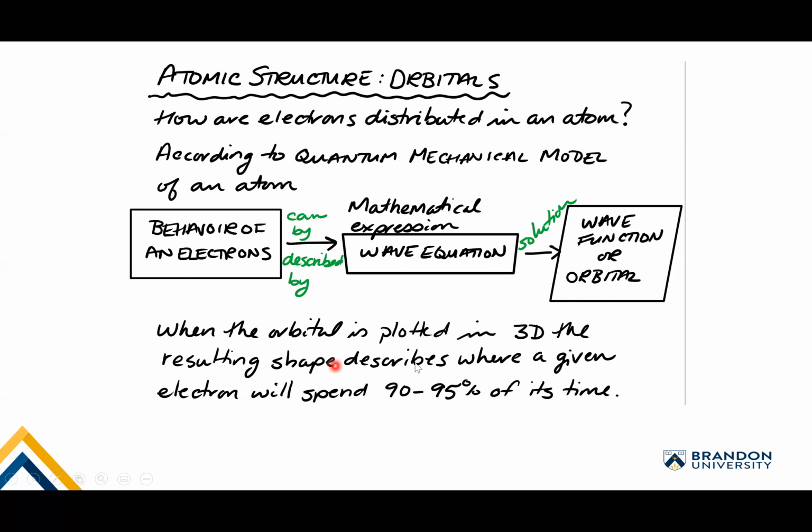When you plot this 3D shape of an orbital, it tells you where an electron spends 90 to 95% of its time. So it's a probability. You've got 90 or 95% confidence of finding an electron in this space, and it's much easier to see.